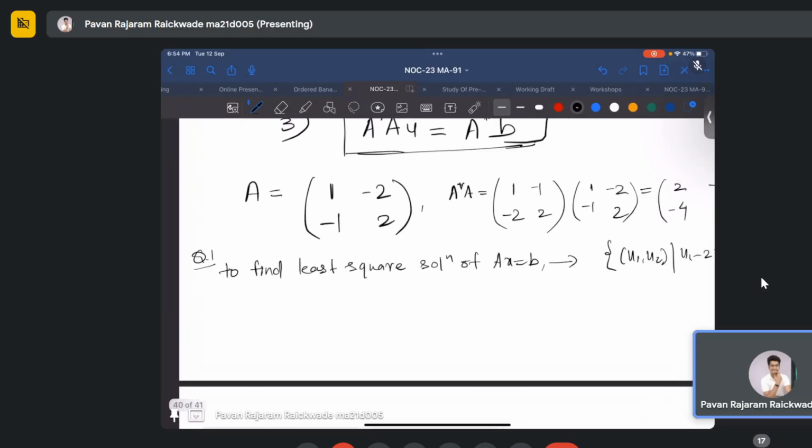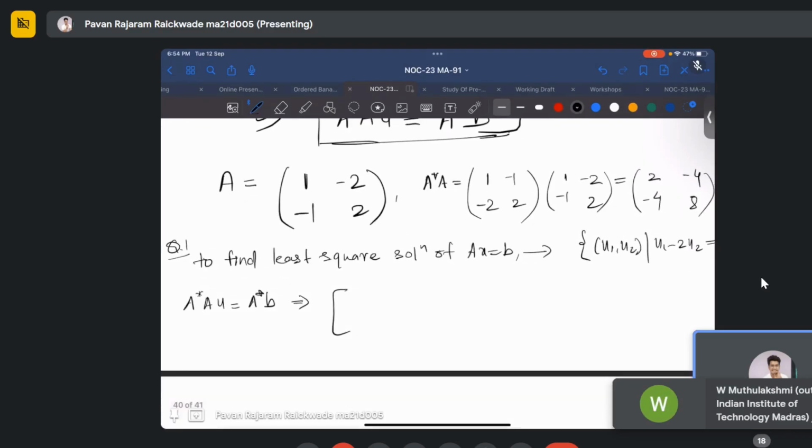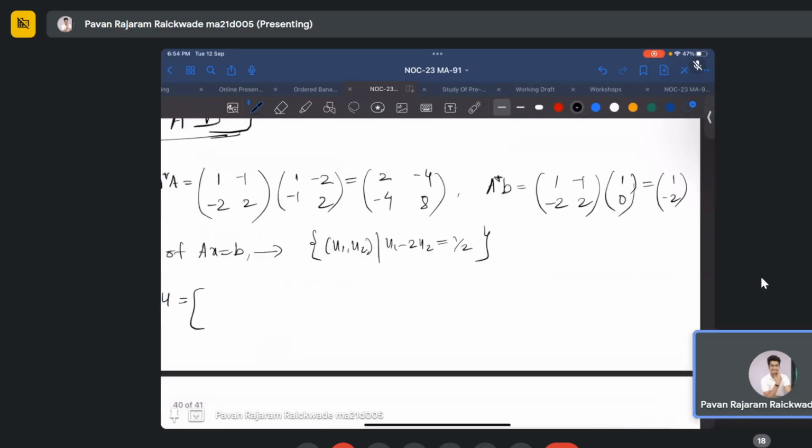So now let's see what this will give us. A star AU equals to A star B. Now if we find this set, A star A is 2 minus 4 minus 4 8, and A star B is the element 1 minus 2.